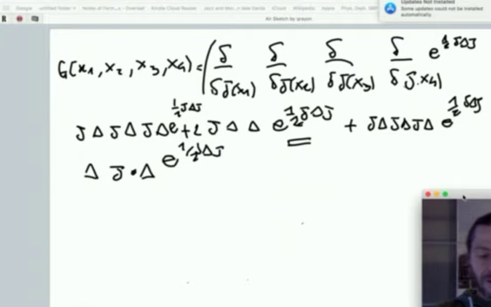For instance, let's look at this. This has no hope to survive because I have one functional delta left. Terms of this type don't have hope to survive, but terms of this type are those which give me a hope, because I can act and kill this delta with the last action of my field.